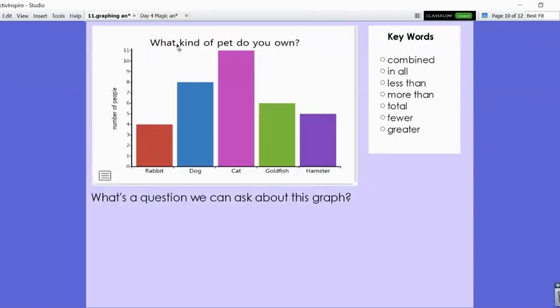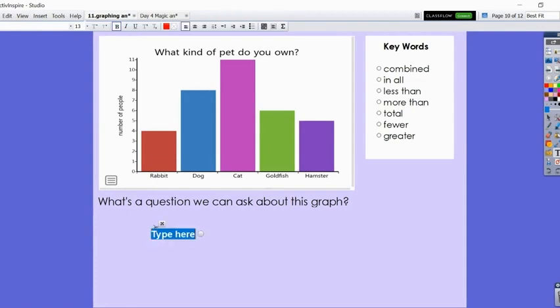The title of it says, what kind of pet do you own? I like to look at both sides of the axes. Over here, it tells us the number of people, and over here, it tells us different pets. So what question could we ask about this?